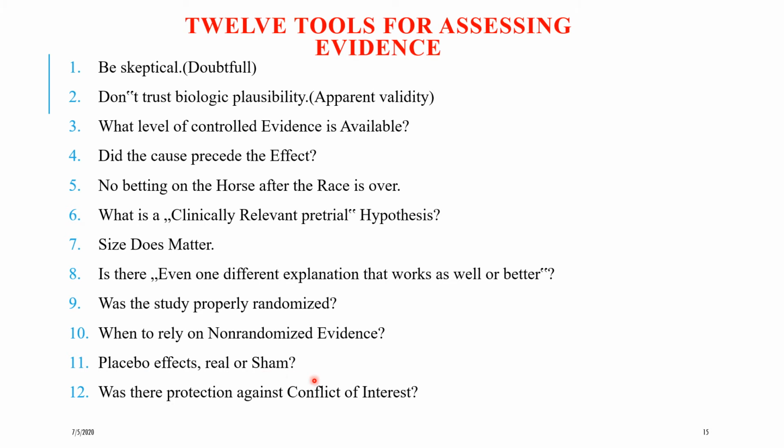Then placebo effect. I hope you know what a placebo is. For example, there are two groups and you are going to do research on hypertension. Your null hypothesis is that whatever drug you are giving to the patient will reduce the systolic blood pressure; the alternate is that it won't reduce the systolic blood pressure. For one group, you give the drug you invented.